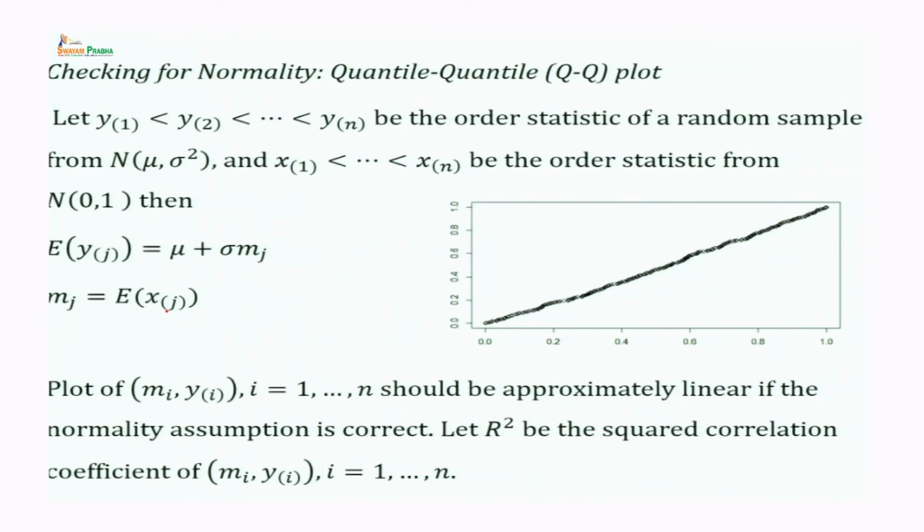So, what we do? We plot m i's and y i's, and then on x axis you are taking m i's, on y axis you are taking y i's, and if you get approximately a straight line here, then you can say that your observations are from a normal distribution.